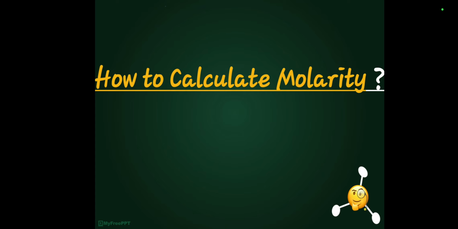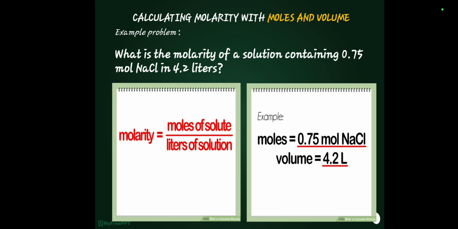So how to calculate molarity? That is always a question. There are steps or a process on how to calculate it. Calculating molarity with mole and volume. Example: what is the molarity of a solution containing 0.75 mole of sodium chloride in 4.2 liters? Molarity is equal to moles of solute over liters of solution.